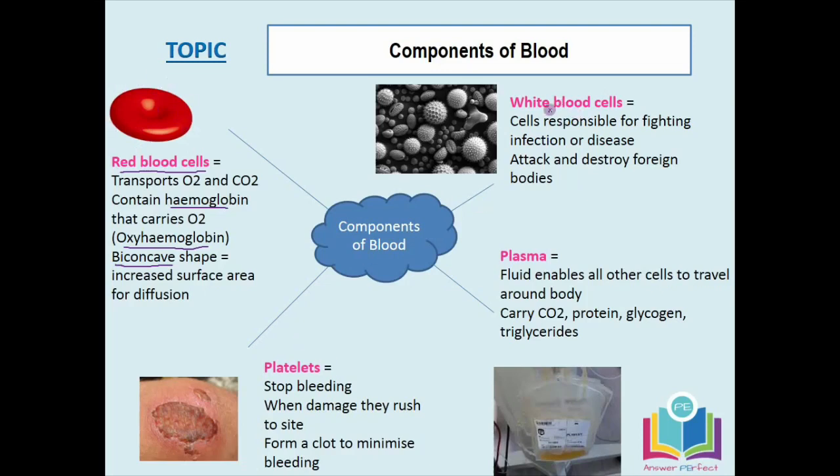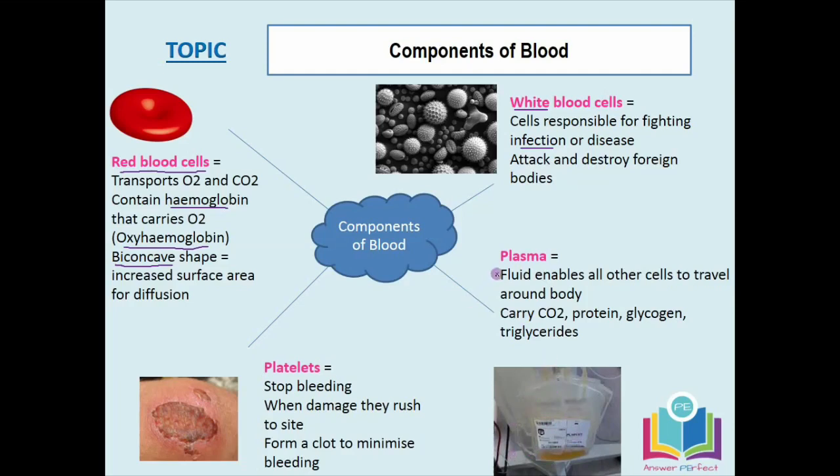Then we've got something called white blood cells. I've got a picture here of those. These are the cells responsible for fighting infection or disease. They go around the body in the bloodstream, finding, and if there are any foreign bodies, attacking and destroying them. We've then got a yellowy kind of liquid, you can see it here in this collection bag, called plasma.